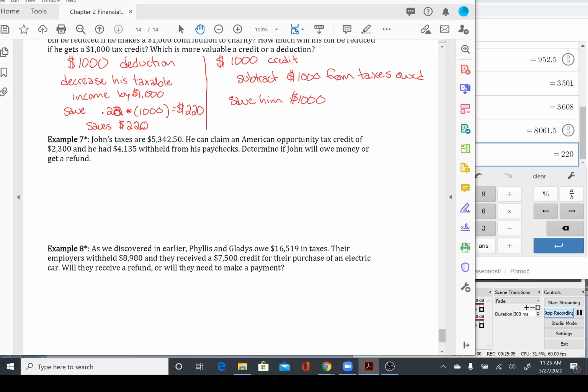Determine if John will owe money or get a refund. John starts by owing the $5,300, and then we will subtract his credits, and we will subtract what he has already paid in taxes this year, the withholdings that he's had.